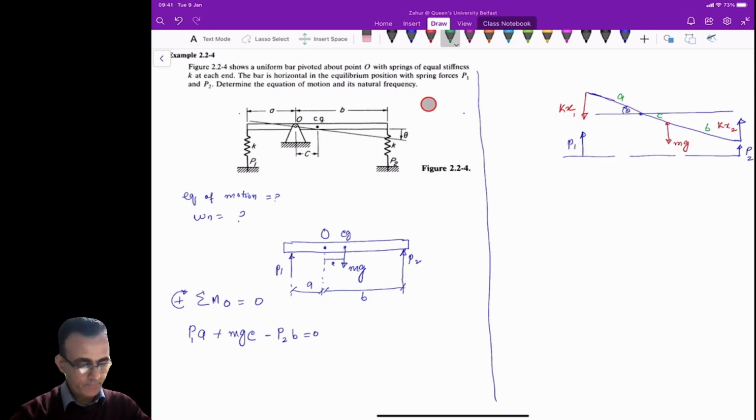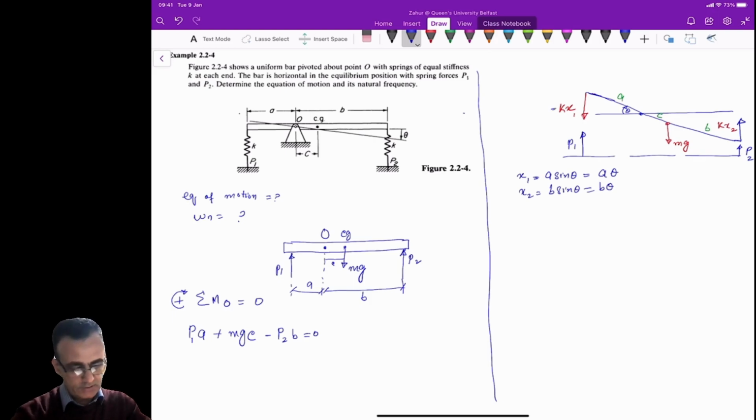So here this x1 is just equal to a sine theta, which, if the angle is small, we can say that it is a theta, and x2 is b sine theta, which becomes equal to b theta.